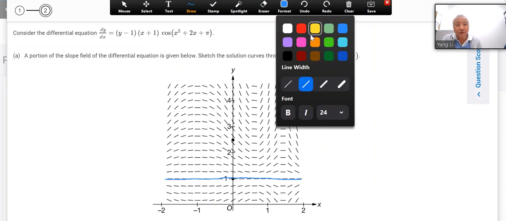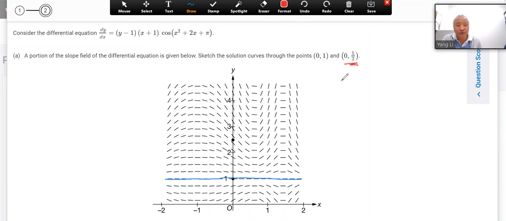Now, if you want to draw through this point here, 0 and 2.5, what you can do is trace. You see your graph just like here. This is tangent, so you try to go through this one, like this is a horizontal one now, and then you go up and up, and then you go to here, horizontal one, and then go down like this.